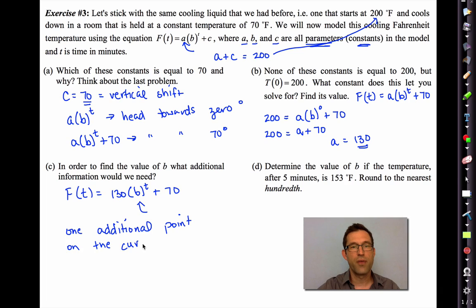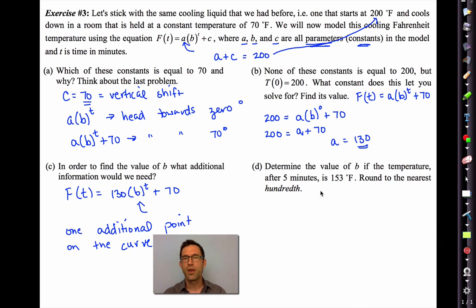Or, to put it another way, we need one additional time and temperature pair. So let me give you one in letter D. It says determine the value of B if the temperature after 5 minutes is 153 degrees Fahrenheit.